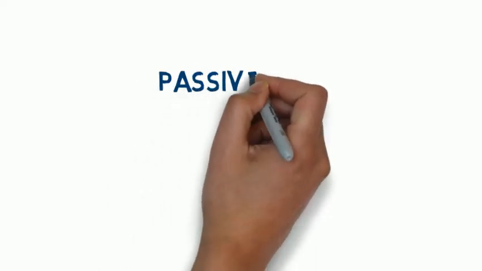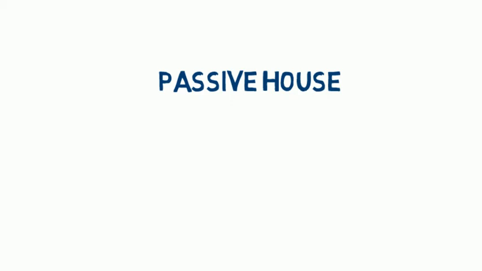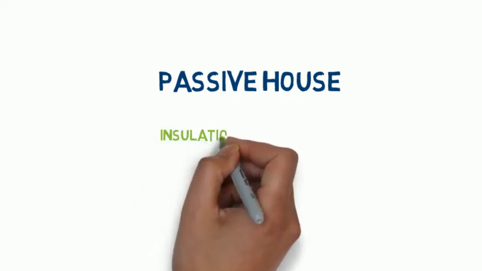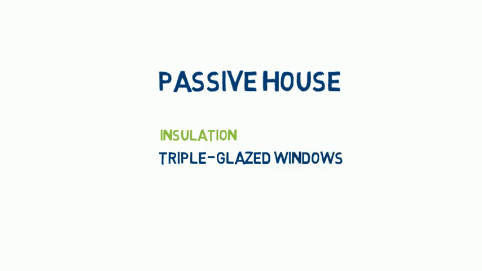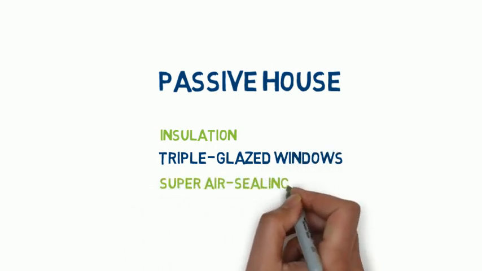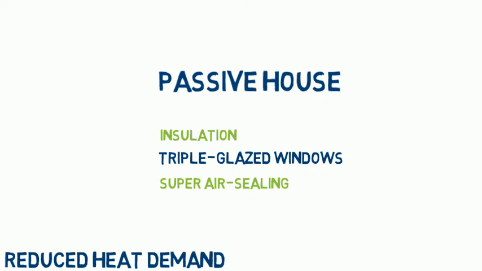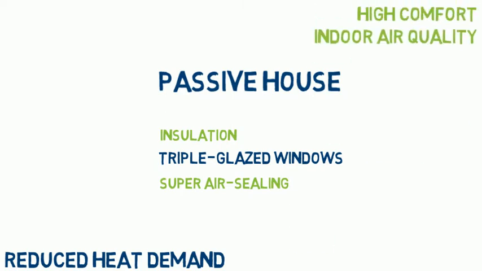In rare circumstances, you might be required to explore the Passive House level to achieve compliance. The Passive House level requires the greatest levels of insulation, along with triple glazed windows and super air sealing, but reduces heating demands by up to 65% and provides high comfort and exceptional indoor air quality.